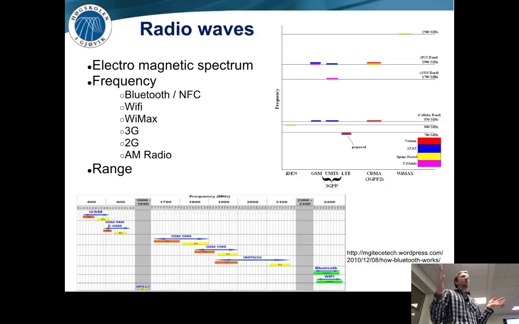So the world agrees that, okay, let's use this particular range for this purpose and this for this purpose, right? The longer the wavelength, the longer distance you can transmit it, but you can pack less data, right? The shorter the wavelength, the more data you can pack, because the frequencies are much more compact, right? So you can pack more data, but they penetrate shorter distances, right?